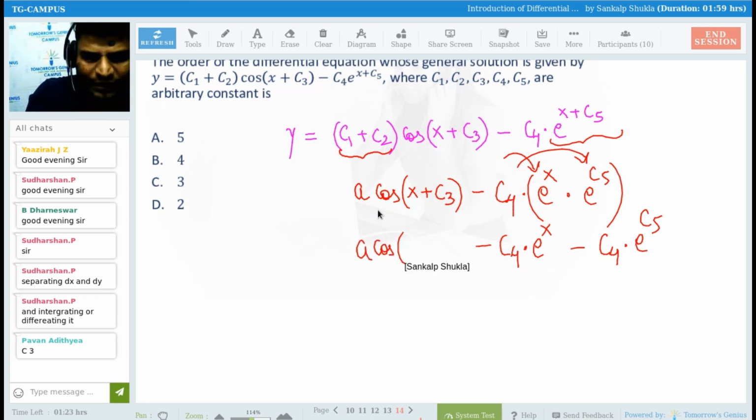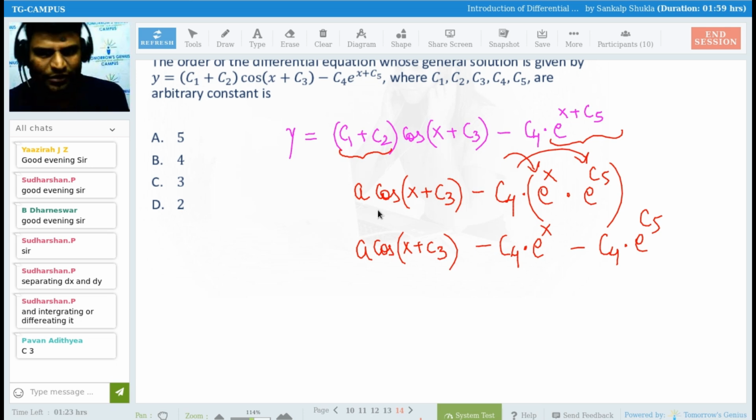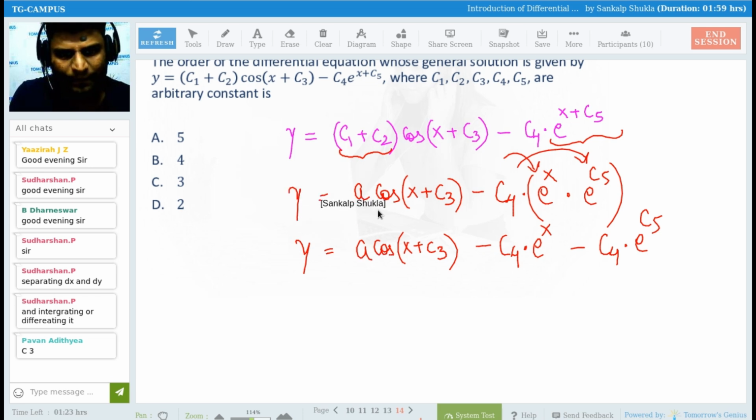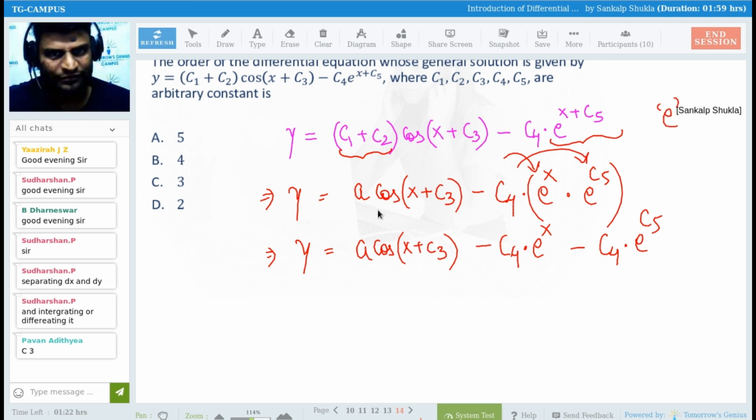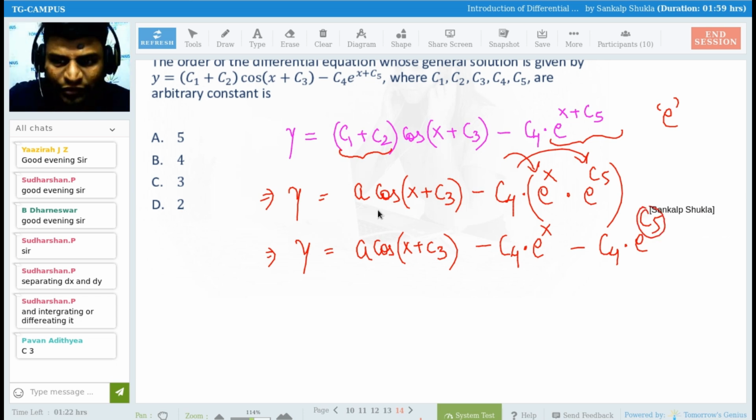And a cos x plus C3 is there. Okay, this much is clear. Why? Now see, e is a constant; the value of e lies between 2 and 3. And C5 is also a constant. So you are raising a constant to the power of a constant, and a constant raised to the power of a constant is always a constant.